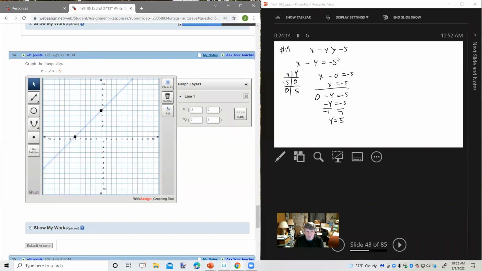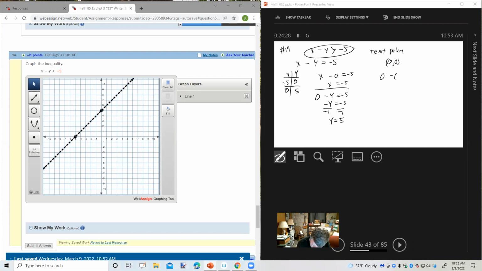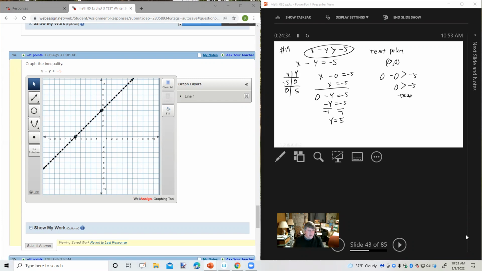It does not include the equal sign, so it's a dashed line. I need to choose a test point. Again, I'll use 0, 0, since it doesn't lie on that line. Plugging that in here, 0 minus 0 greater than -5, 0 greater than -5, that's true. So this point is part of the solution set.